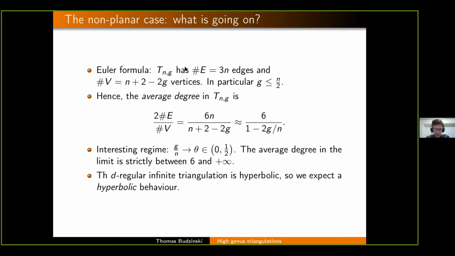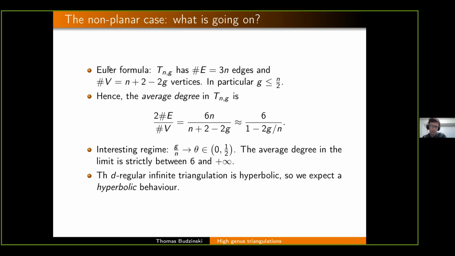If we have a triangulation and we know its genus and its number of faces, we can compute the number of edges, because I had 2n triangles, so 6n sides in total, and once I have glued them two by two, I get 3n edges.